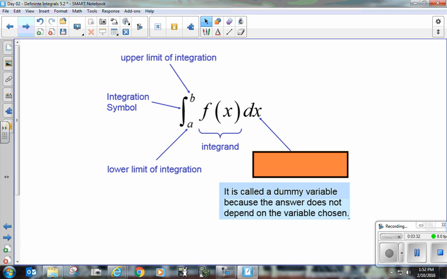And dx is the variable of integration, meaning if you're using the x variable in your function, then it's dx here. It's also called the dummy, D for dummy, because the answer does not depend on this variable at all. It's just part of the notation. Not too complicated at all.